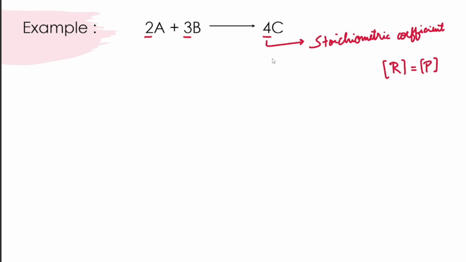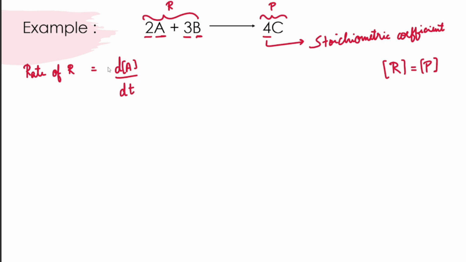Now let's see how we can write the rate expression for this reaction. To make it simple, let me write the rate expression for the reactant side and separately for the product side. First the reactant: we have A and B as reactants. So the rate expression is minus dA by dt.